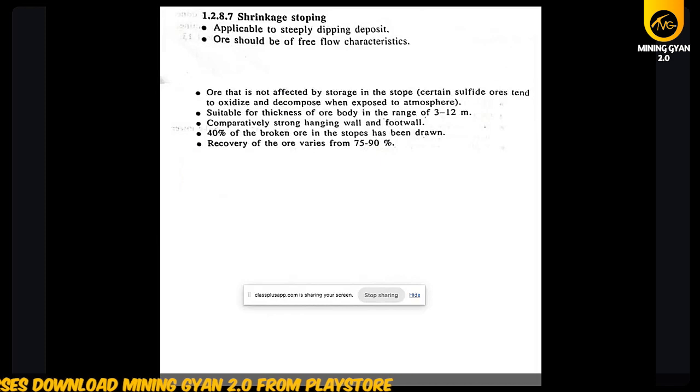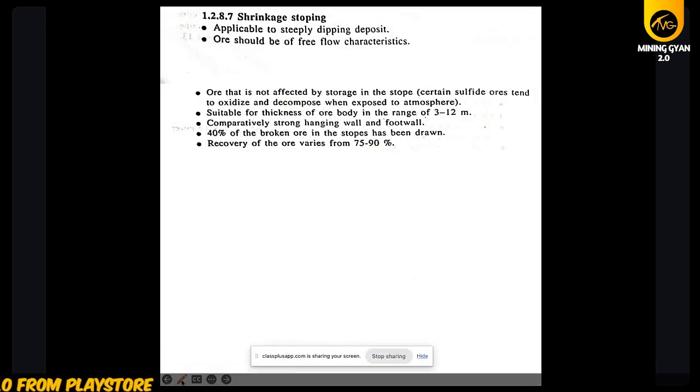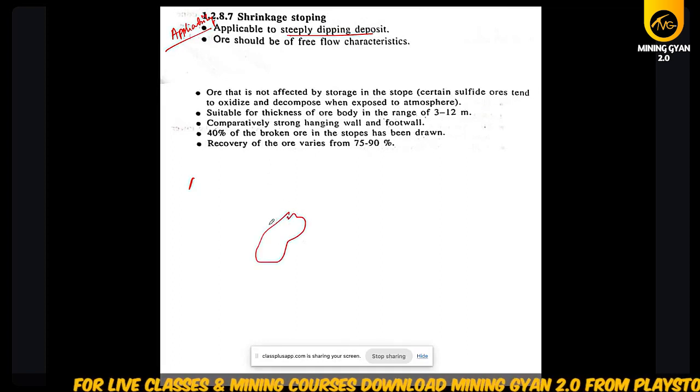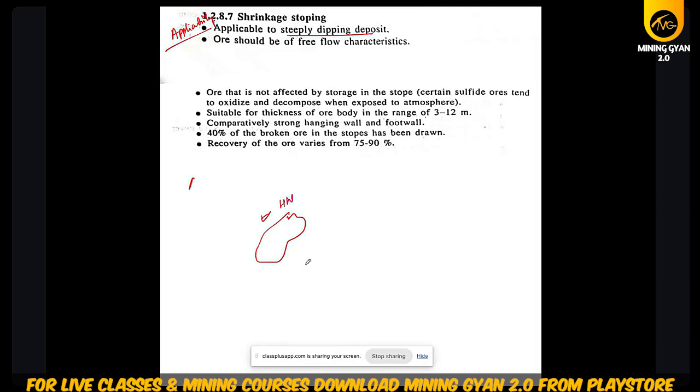First we will discuss applicability. Applicability means steeply dipping deposit in the shrinkage method. In shrinkage stoping, if this is your ore, the hanging wall and foot wall should be strong.